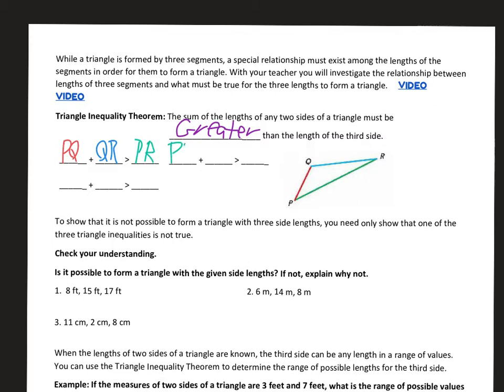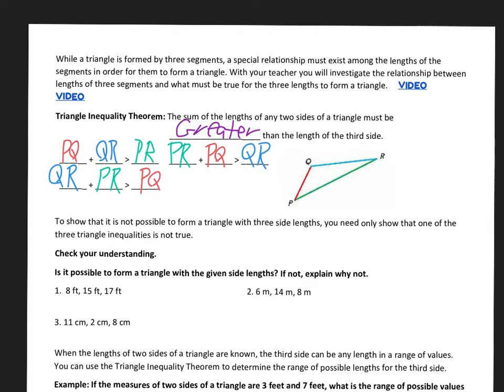And that PR plus PQ must be greater than QR, and that QR plus PR must be greater than PQ.